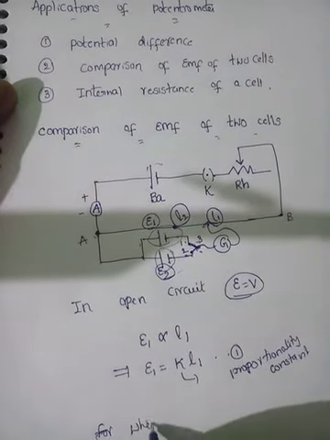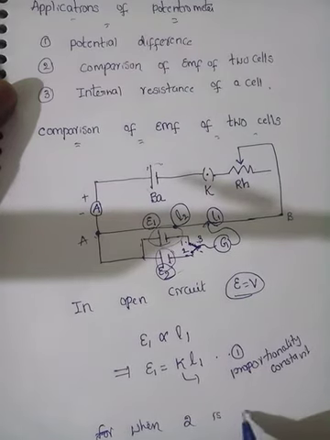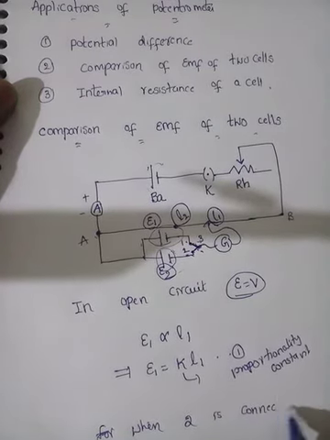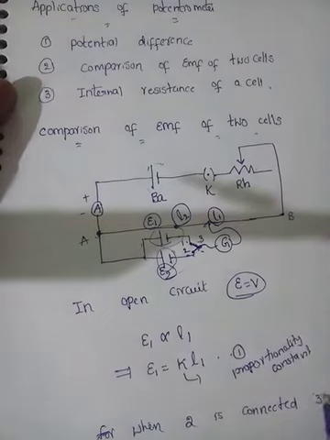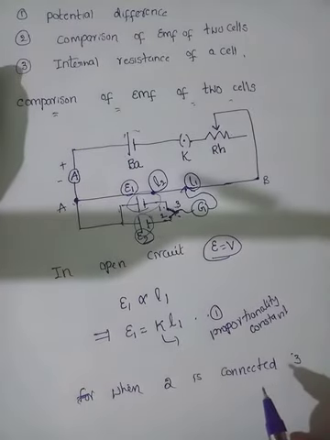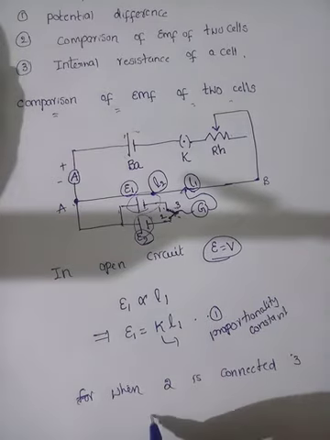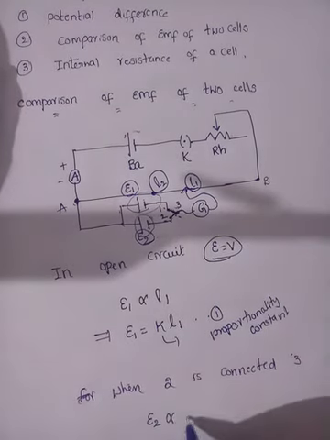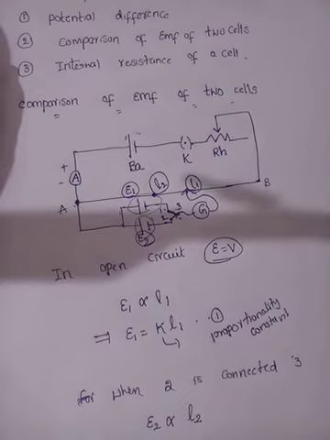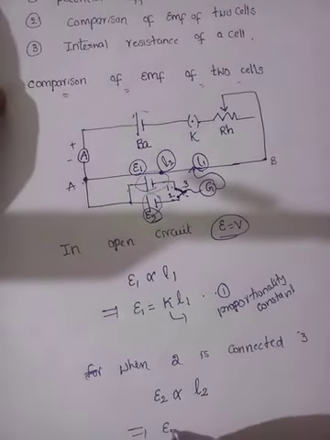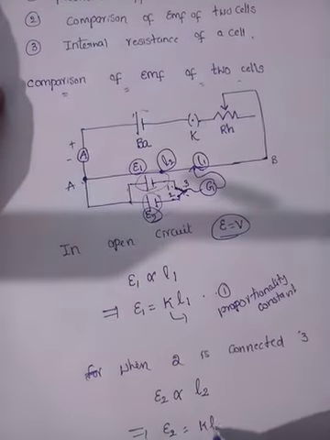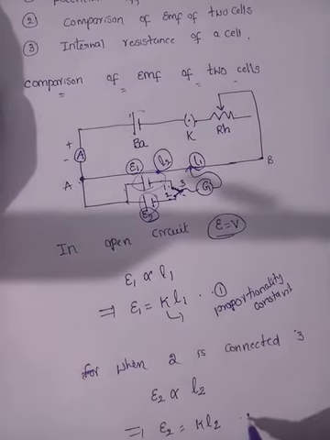When 2 is connected to 3, the second cell is in the active state, right? The first one is not in the active state. So E2 is directly proportional to L2. That implies E2 equals K into L2, with the same proportionality constant.